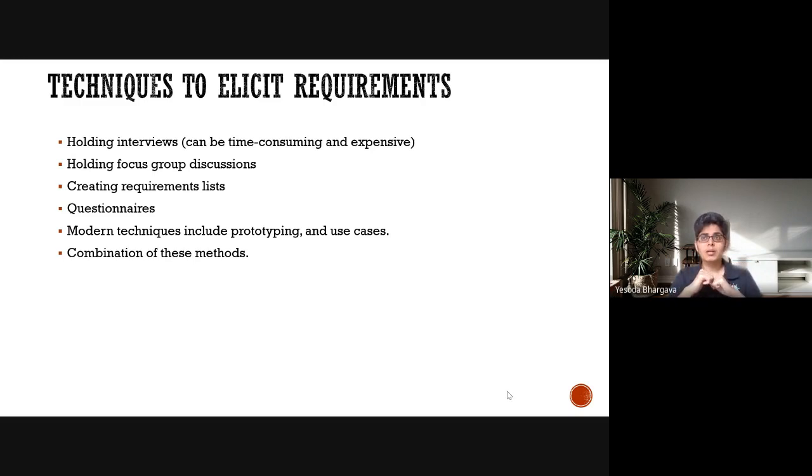Mostly it was by talking and discussing, and later on the requirements got much more refined after the meetings with the stakeholders. So there is a particular process.